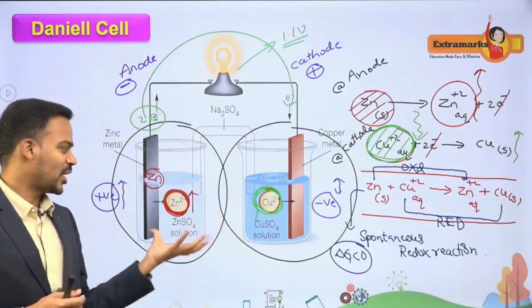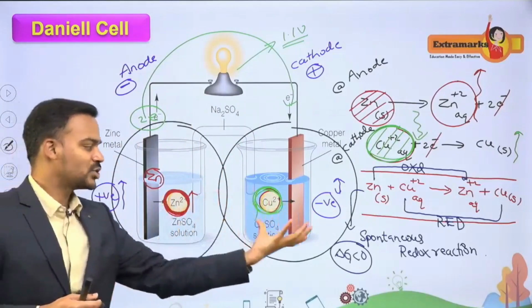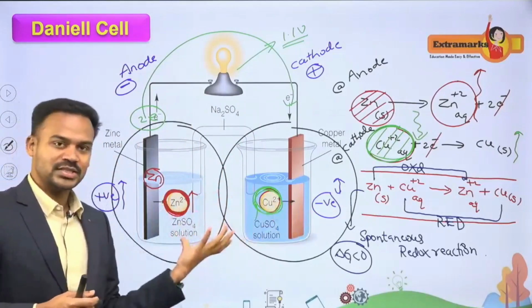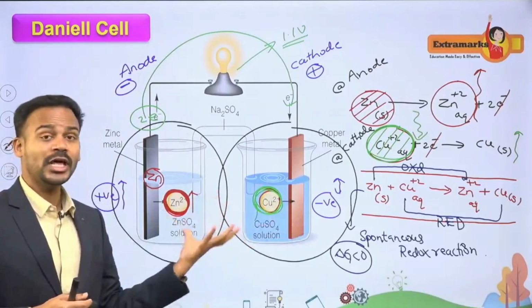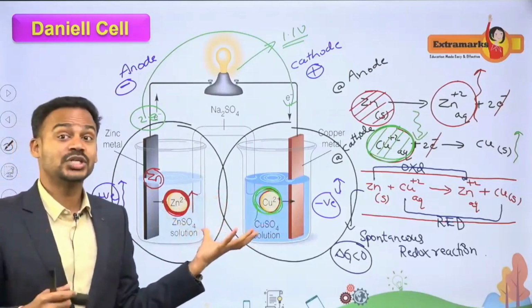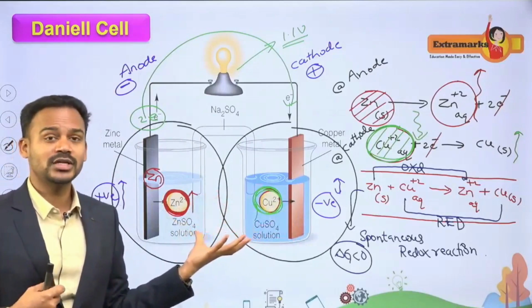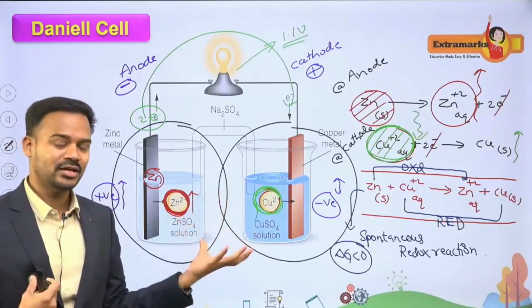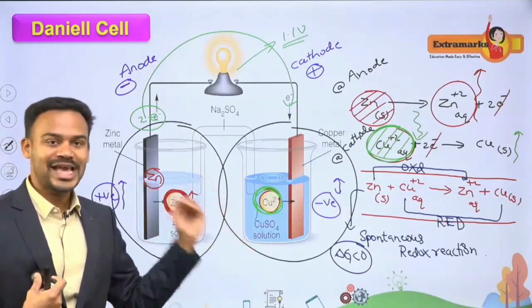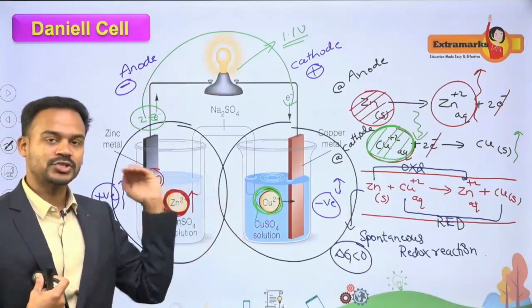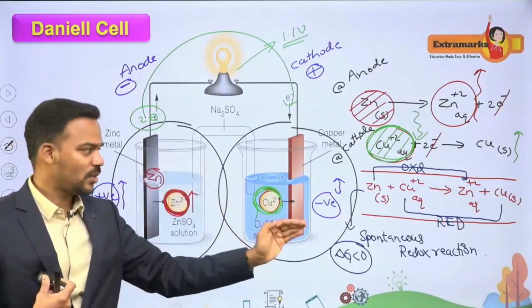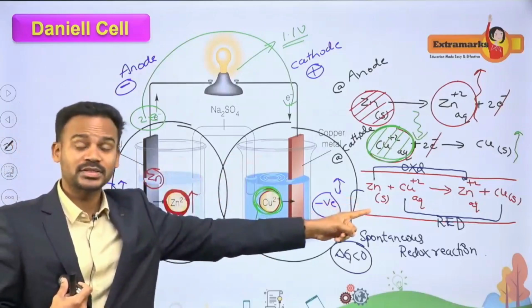Because of this, there is accumulation of positive charge and accumulation of negative charge. Because of this, there is something called junction potential created, which will stop the reaction. Once the reaction stops, what happens?